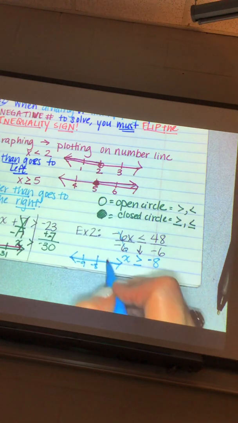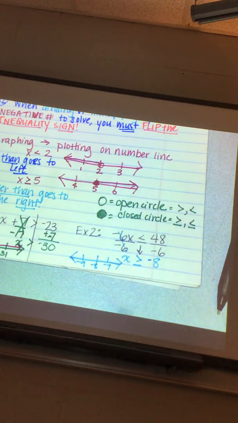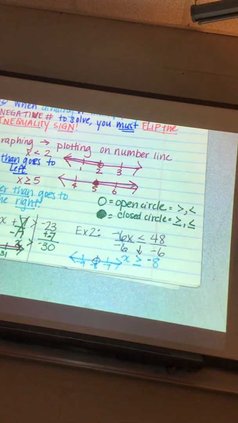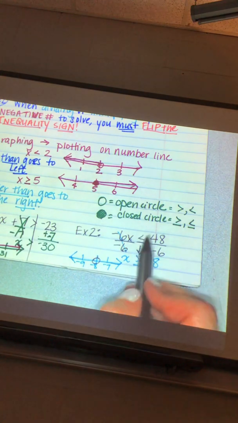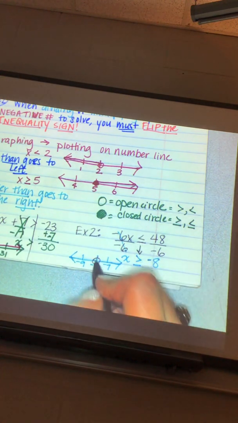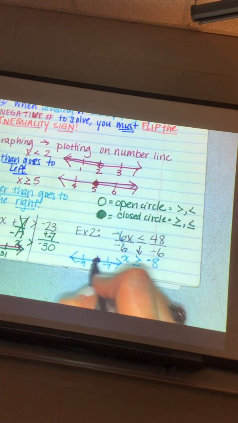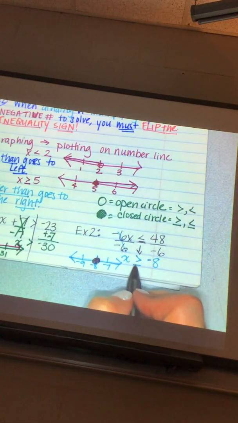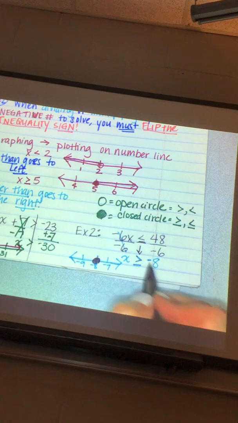Okay, we're going to make our circle at negative 8. Is it going to be filled in or open? Well, look at your sign. It is going to be colored in because it is or equal to. And it's now greater than, because we flipped it. So we're going to be going this direction to the right.